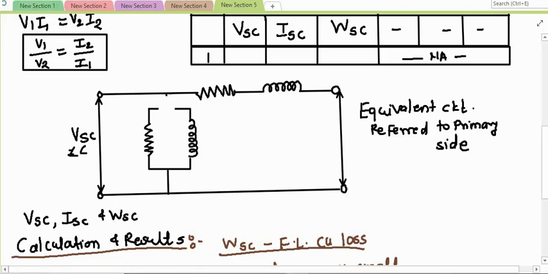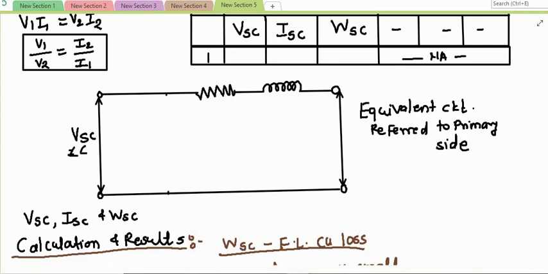I will just remove this circuit from the equivalent circuit. Why do we have to omit this? Because under short circuit condition, the applied voltage VSC is very, very small, which is required to circulate the full load current through the primary and the secondary.